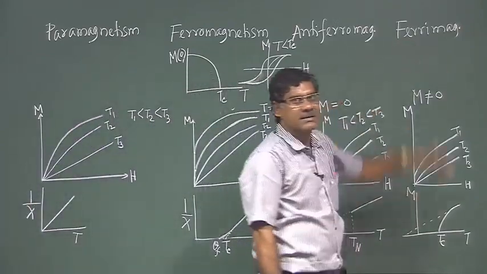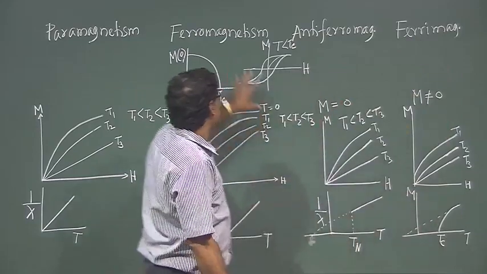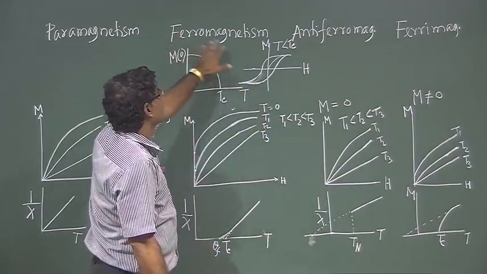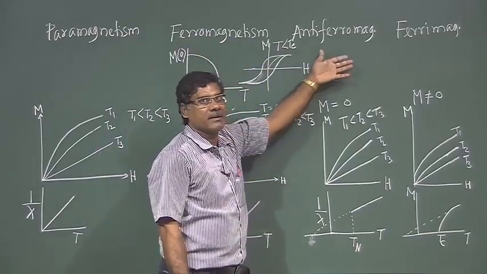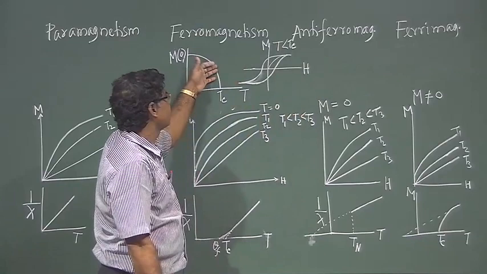Okay. So, this is the speciality of ferromagnetic material. You can differentiate ferromagnetic material from antiferromagnetic material immediately, right.